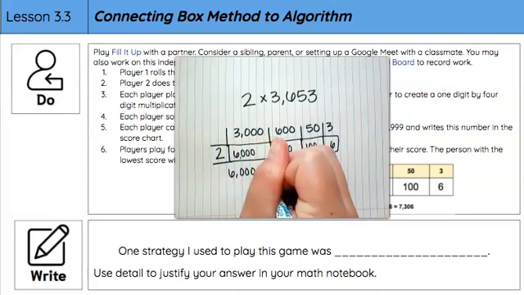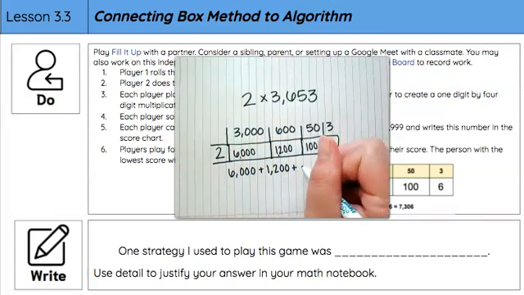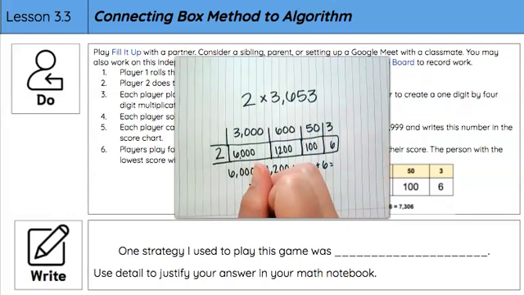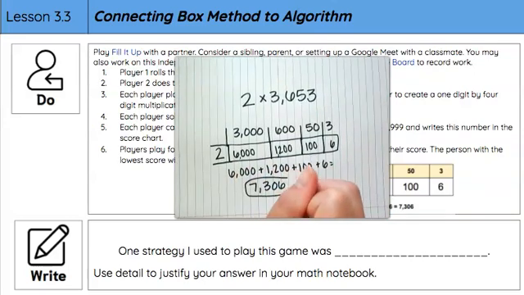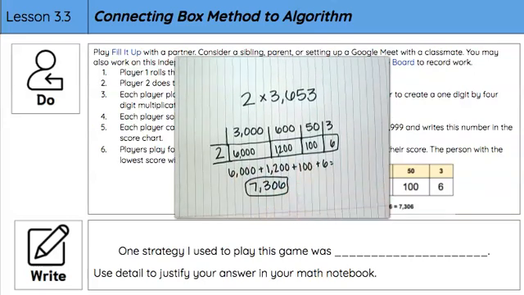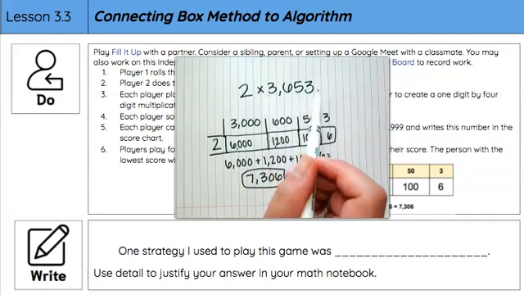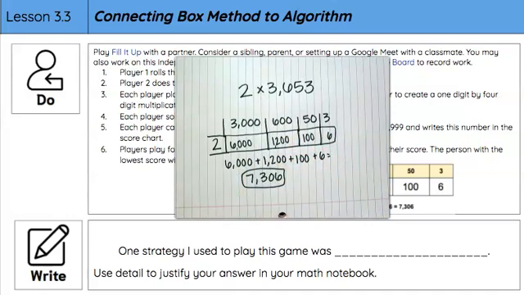So 6,000 plus 1,200 plus 100 plus 6 is 7,306. This is how I could use the box method for a number that's even greater than 3-digit. This number is a 4-digit number. You're going to use the box method today for your game.